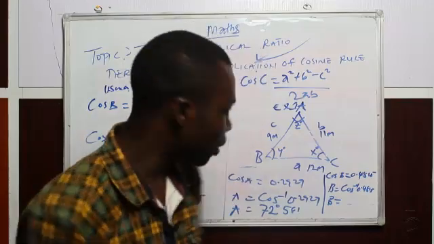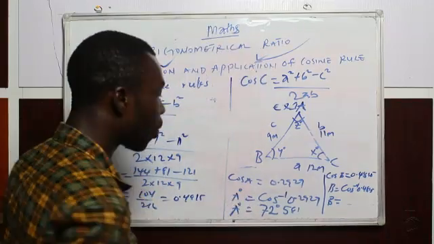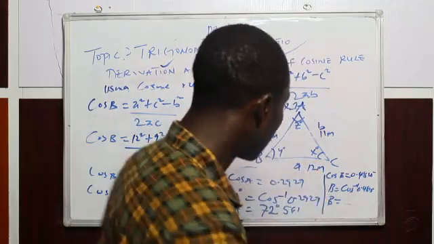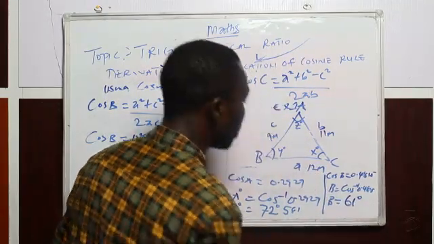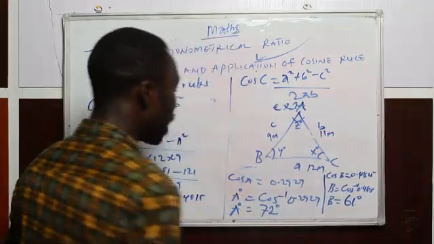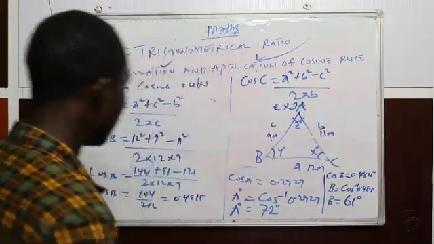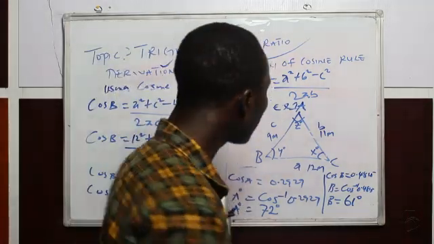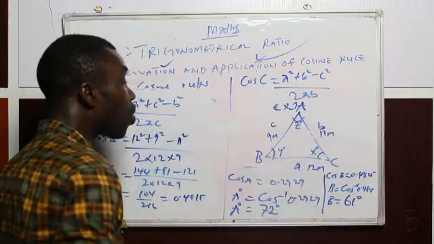Check the calculator to find the degree of B. The answer is supposed to give us 61 degrees. Our A is 72 degrees, and our B is 61 degrees.